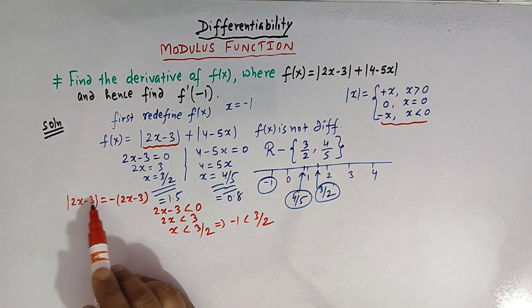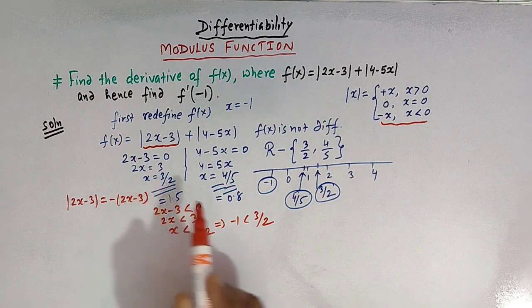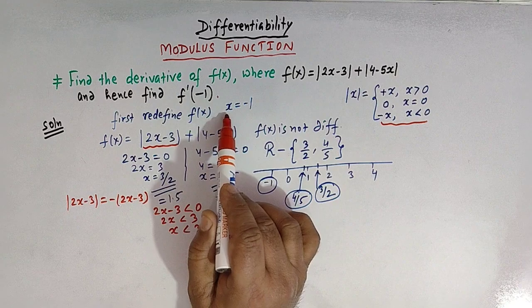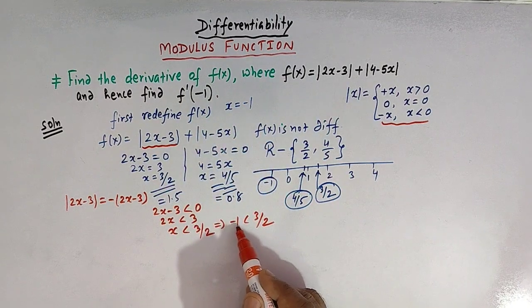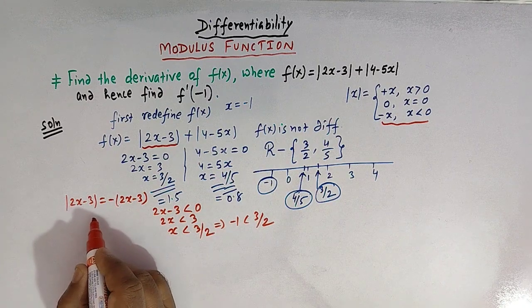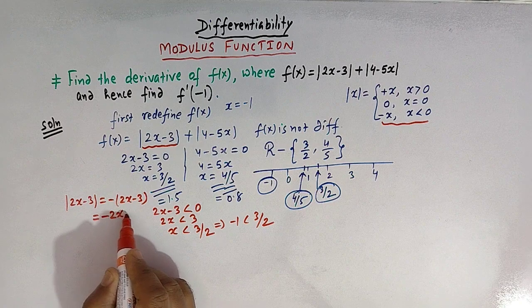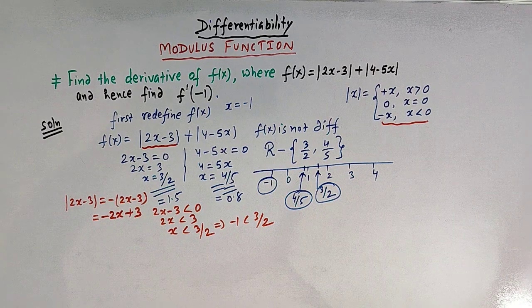In this case, mod of 2x minus 3 is equal to negative of 2x minus 3, because 2x minus 3 is less than 0 at x is equal to minus 1. So this expression can be written as minus 2x plus 3.